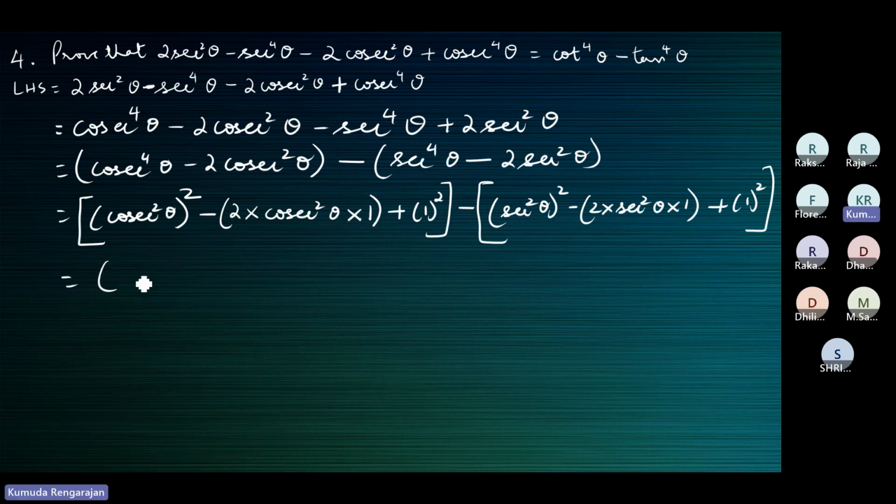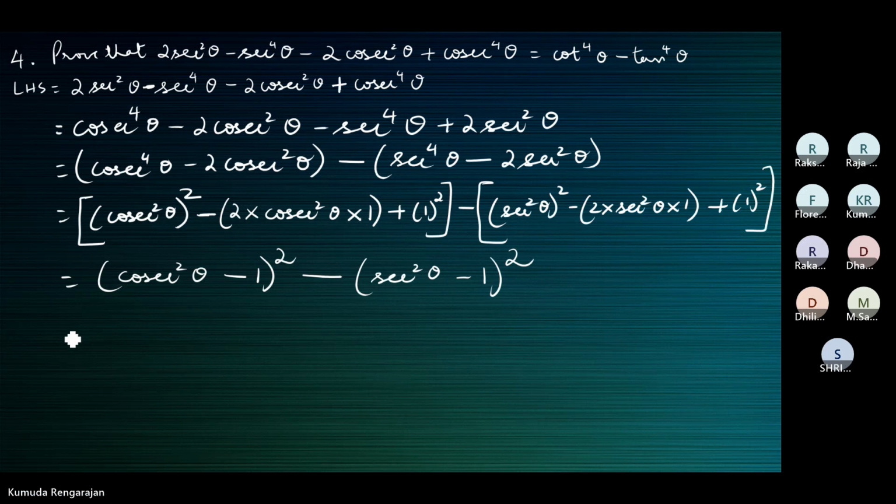Now this makes A minus B the whole square, because of minus 2AB. The second bracket also looks like A square minus 2AB plus B square, so this is A minus B the whole square.